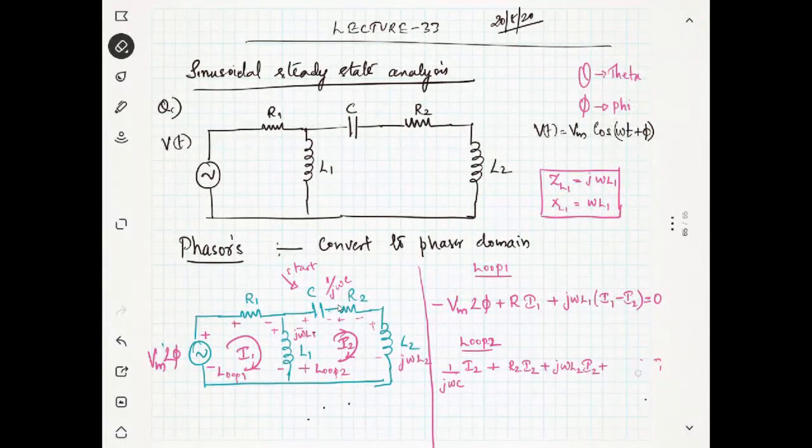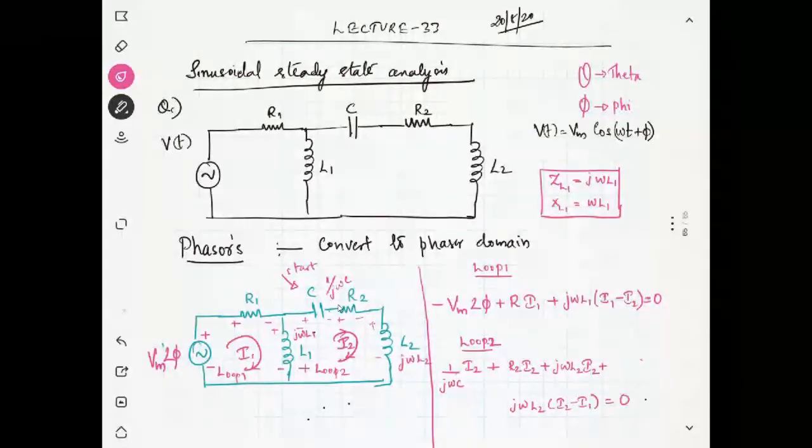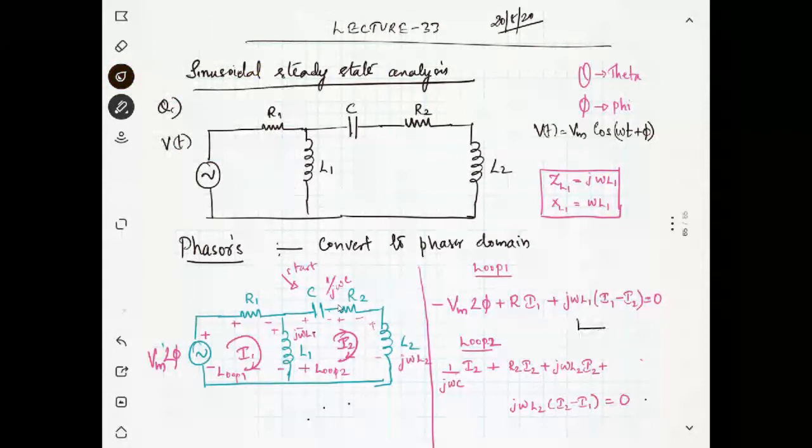I will write it in the next line, there is no space here. So plus J omega L into I2 minus I1 equal to 0. So you now have two equations, equations 1 and 2.